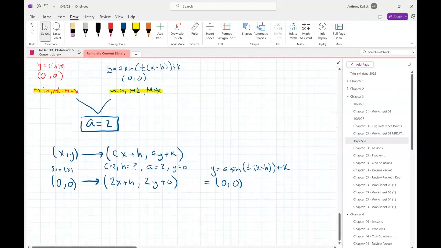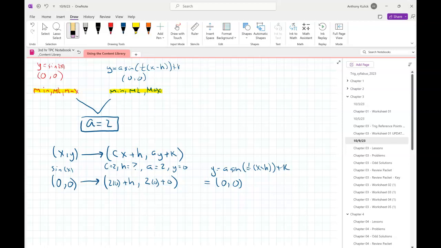So we have that, right? Let's put the zeros in. So when I plug in 2 for c, 2 for a, 0 for k, and then 0 for x and y, I have here that (h, 0) should equal (0, 0).